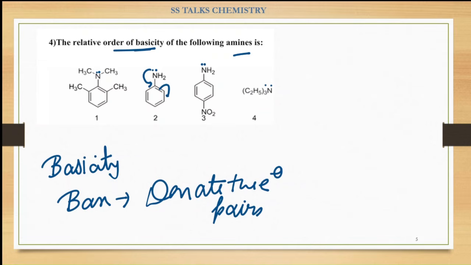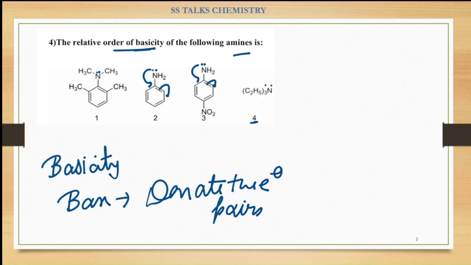The extent of conjugation or resonance with the benzene ring will be different based upon the various substituents attached to it. But all of them are involved in the conjugation.